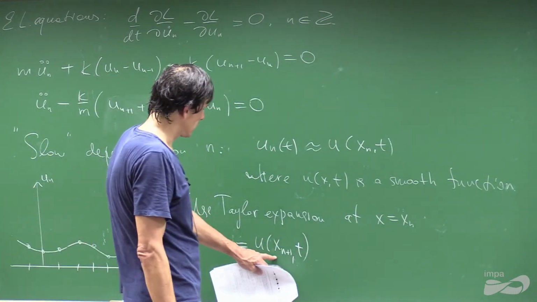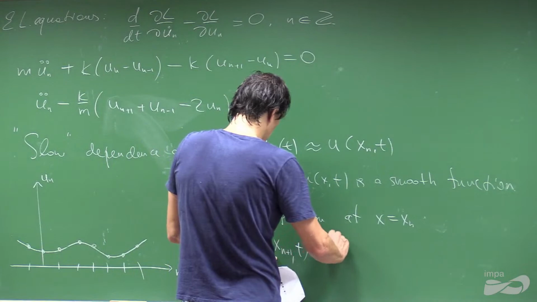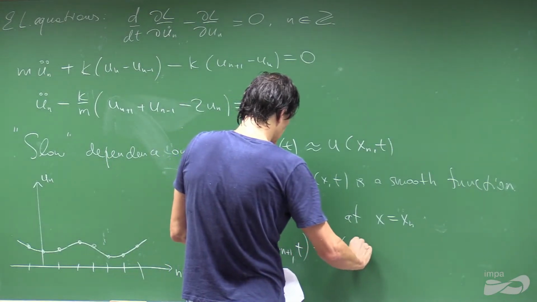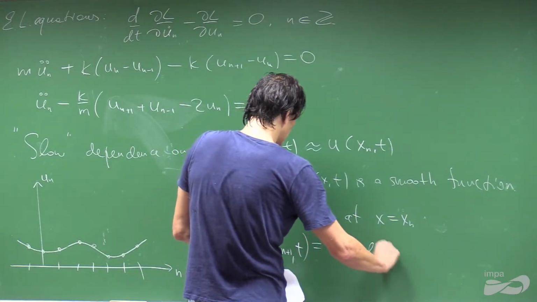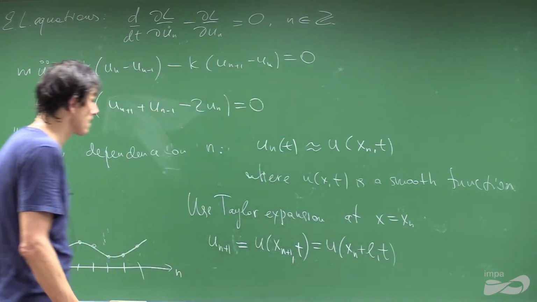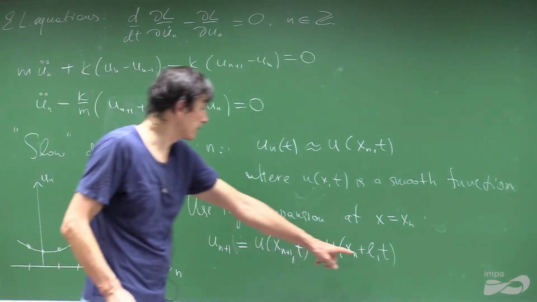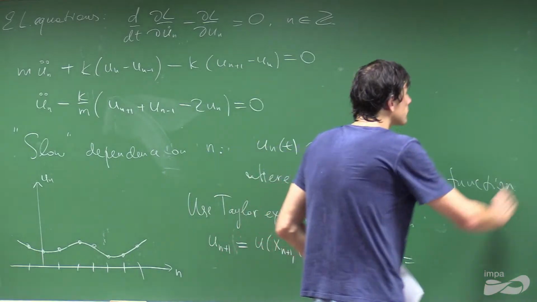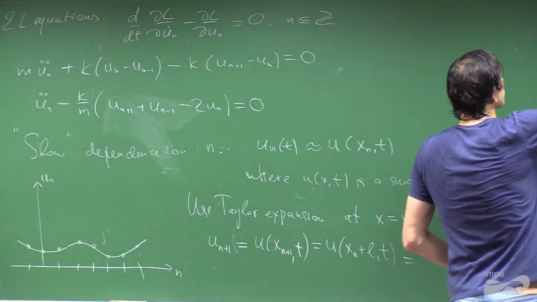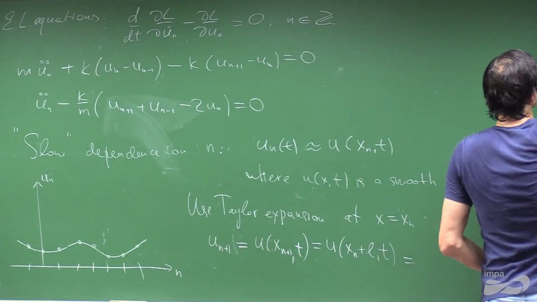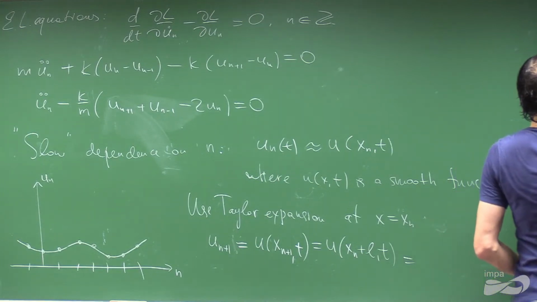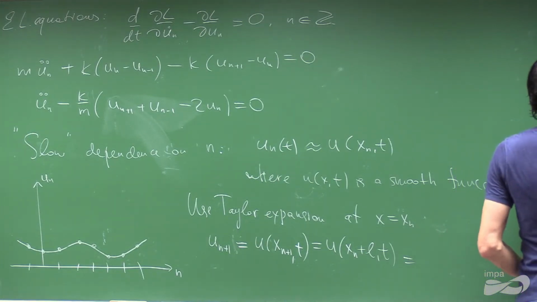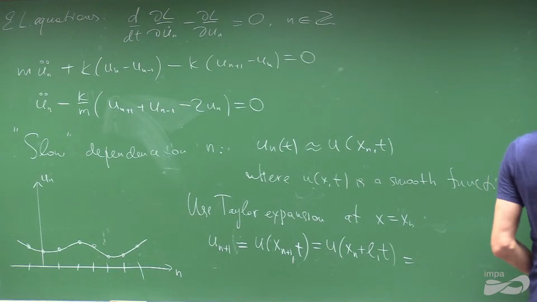Then we can write it as u at xn plus l, t. And then we expand it in L. So this will be u at xn, t plus du/dx times L, right?